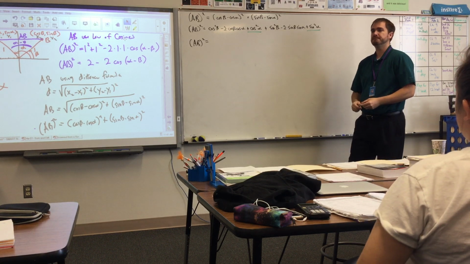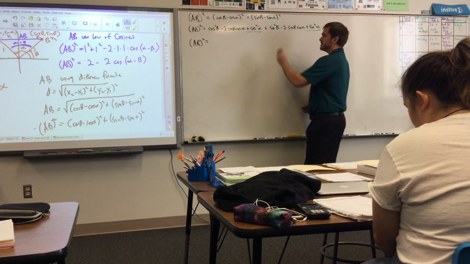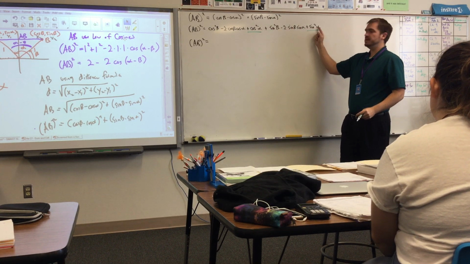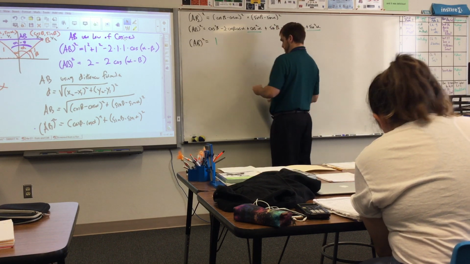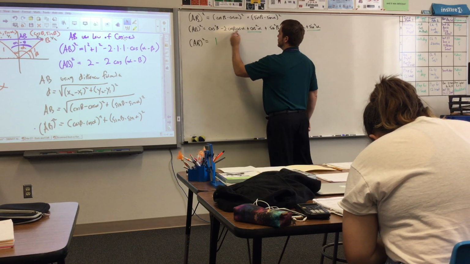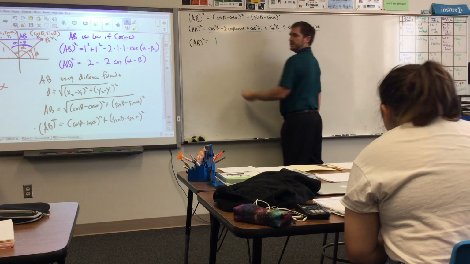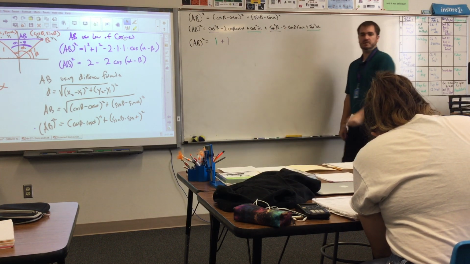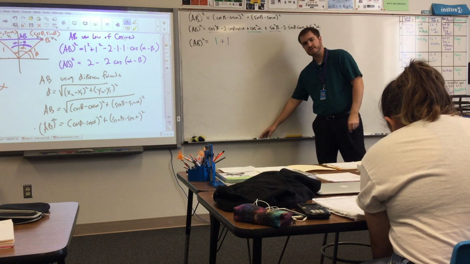It was the Pythagorean identity. That was the first one. Sine squared plus cosine squared. Now, they've got to be the same angle there, and these are. So sine squared plus cosine squared is 1. And sine squared beta plus cosine squared beta is also 1. Getting shorter all the time.